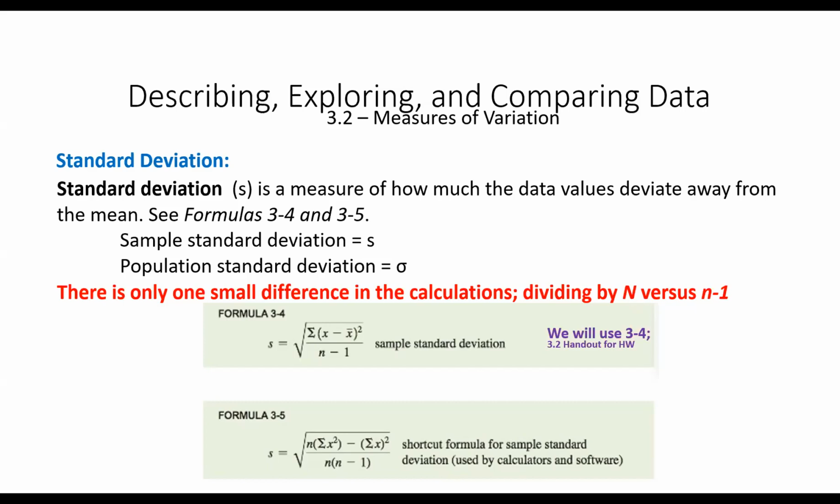So when we do that, it can be a better estimator of the actual population standard deviation. So that's the reason why we have two slightly different versions. Now in this class, we will always use n minus 1, but I just share that to let you guys see the ties between why there's a capital N versus a lowercase n minus 1, and also to understand the difference between a biased estimator and an unbiased estimator. It kind of brings all that stuff home when you think about it that way.